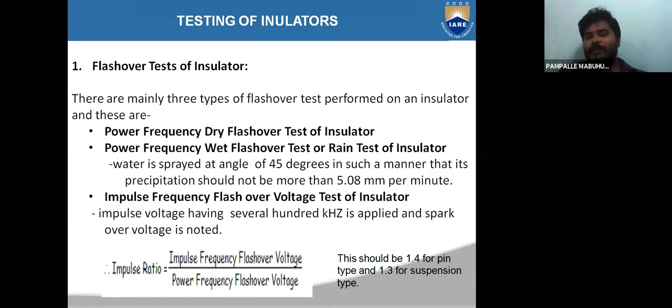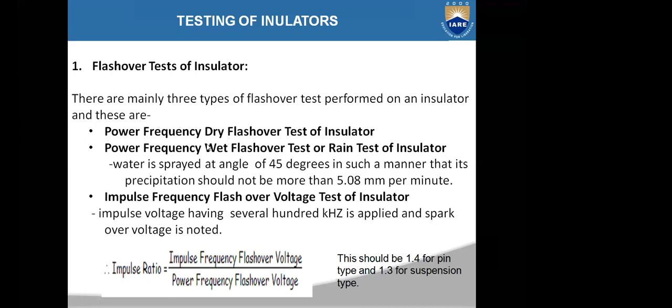After arranging the insulator as in the practical case, you have to apply the power frequency voltage across the insulator. First you fix and mount the insulator as you would for the practical case, and then apply some voltage across it. That voltage is power frequency.